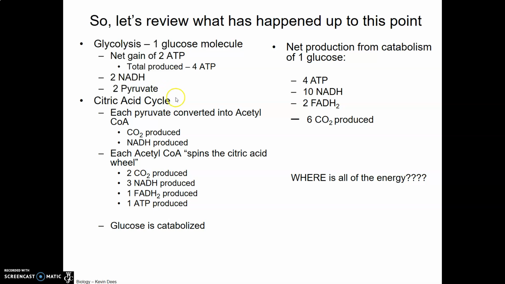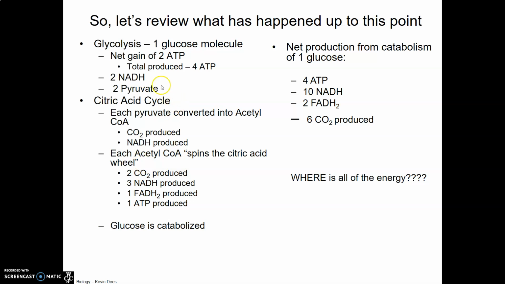Each pyruvate can be converted into acetyl coenzyme A, which produces a carbon dioxide and an NADH, and each acetyl coenzyme A spins the citric acid cycle wheel to produce 3 NADHs, 1 FADH2, and 1 ATP, and 2 more carbon dioxides.